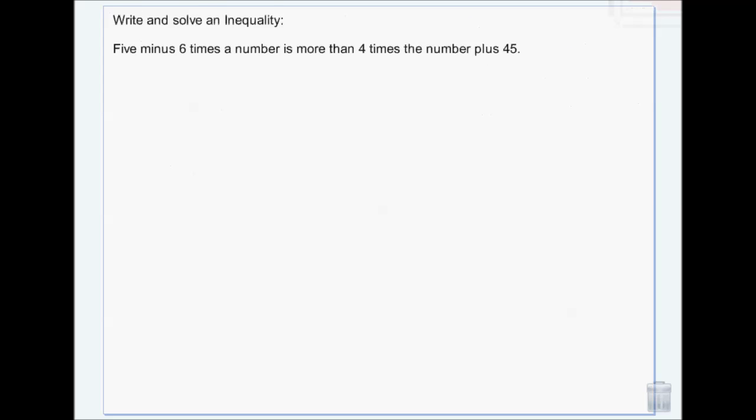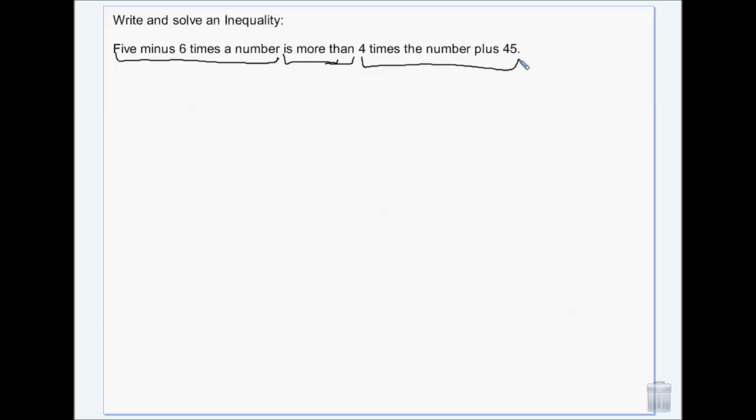Okay, I'm going to write and solve an inequality. So I have 5 minus 6 times a number is more than 4 times the number plus 45.